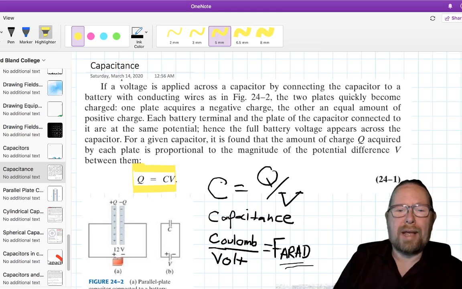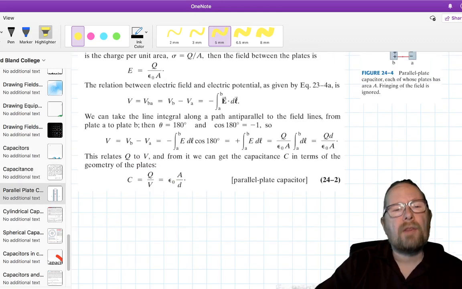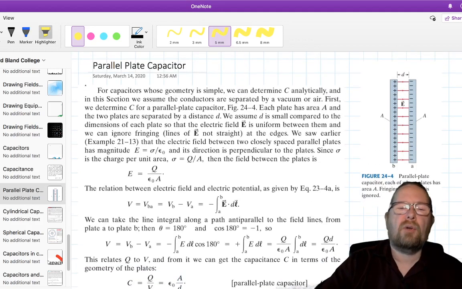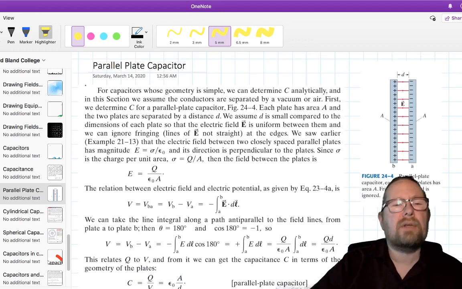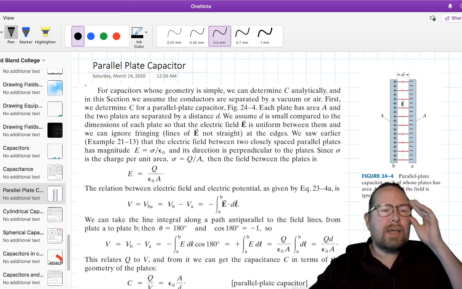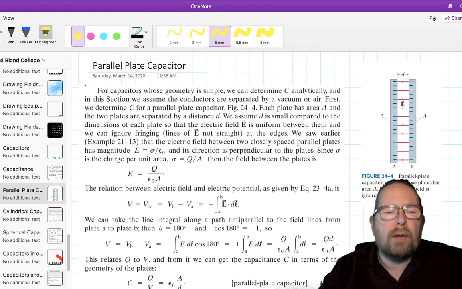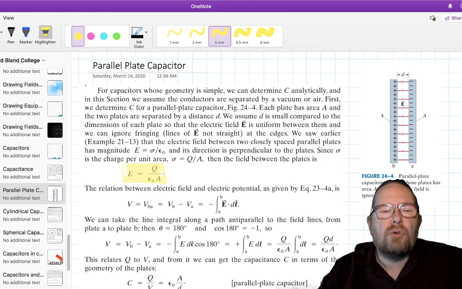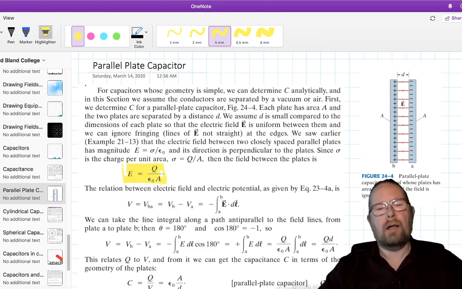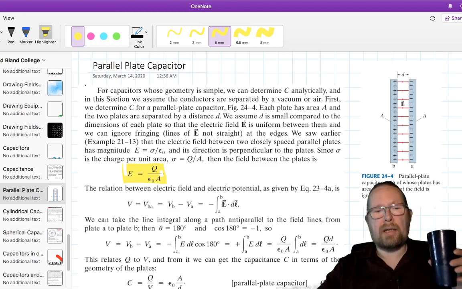What your book next does is calculate the capacitance of a parallel plate capacitor based on what we know about the electric field in the region between those two plates. Back in chapter 21, we found the electric field due to an infinite plane, by directly integrating the electric field.